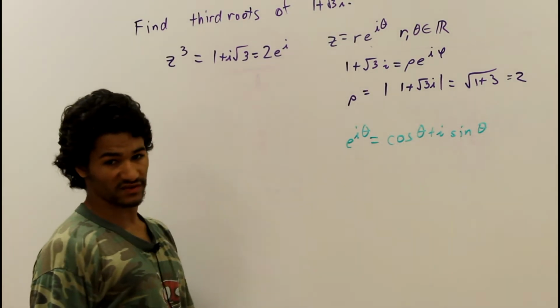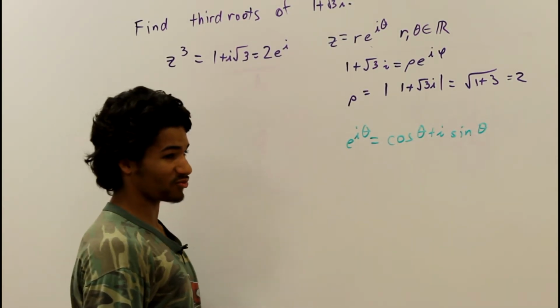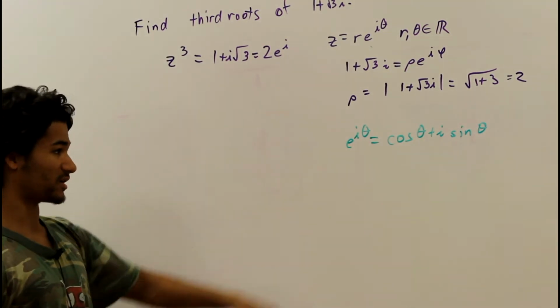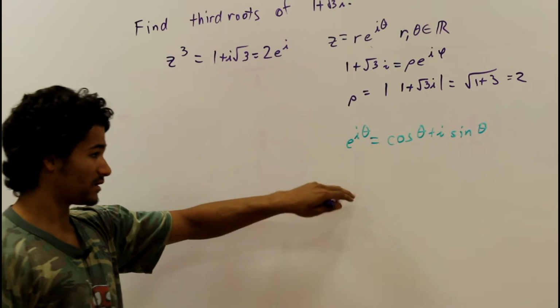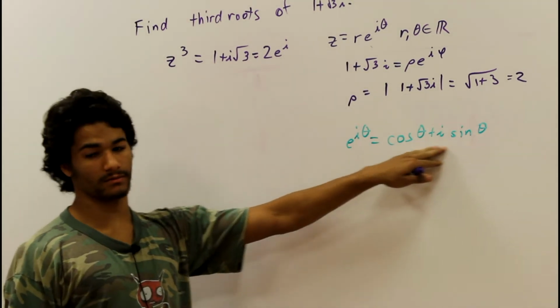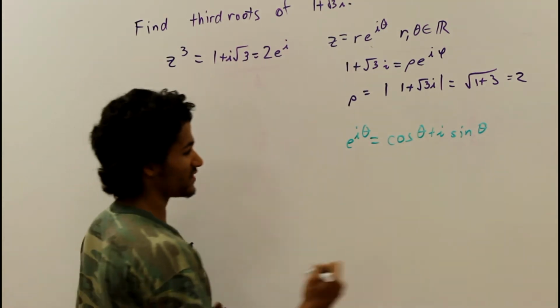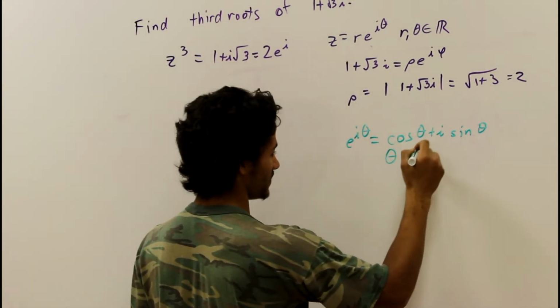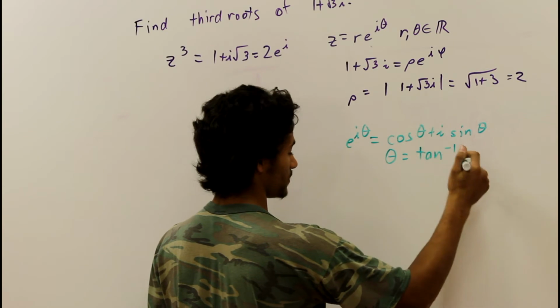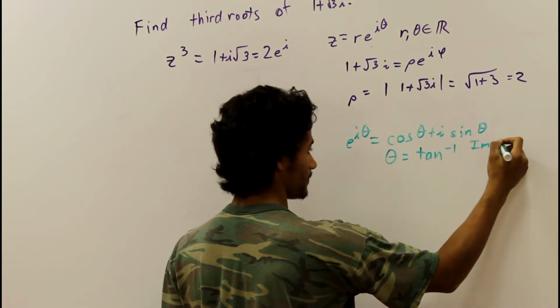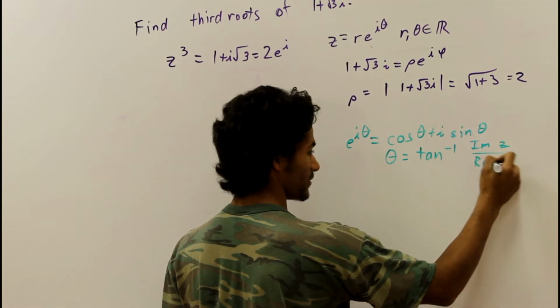If you're taking 166 right now and you're at the end of chapter 12 where they cover Maclaurin series, just plug in i theta for x and out will come this formula, which means theta is then tangent inverse of the imaginary part over the real part.